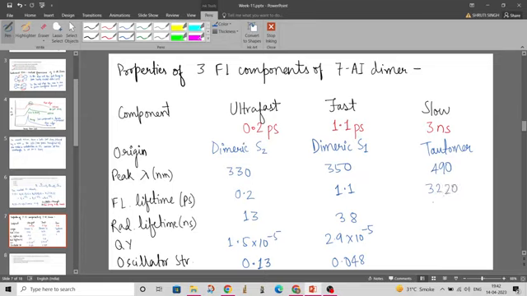Its lifetime was 3220 picosecond, radiative lifetime 160 nanosecond, 2.0 into 10 to the power minus 2, quantum yield the highest, and the oscillator strength was 0.023. So this was the data.